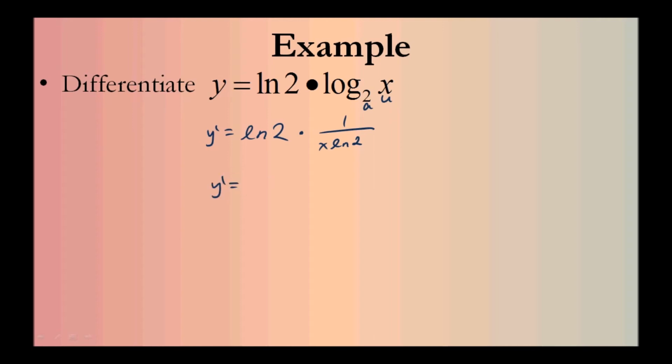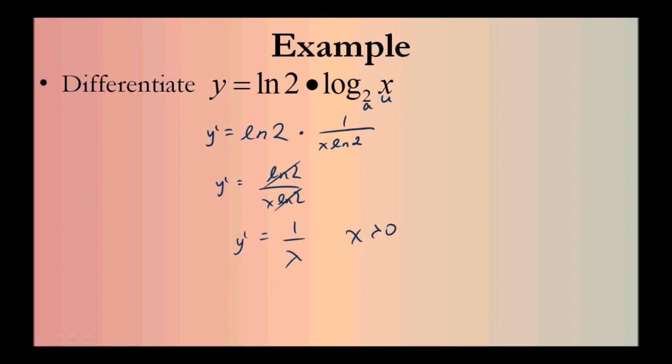Y prime is equal to natural log of 2 divided by x natural log of 2. Cancellations occur. Y prime is equal to 1 over x. And it's important to note that x is greater than 0, or else we have an undefined answer.